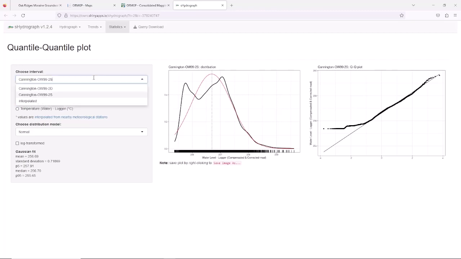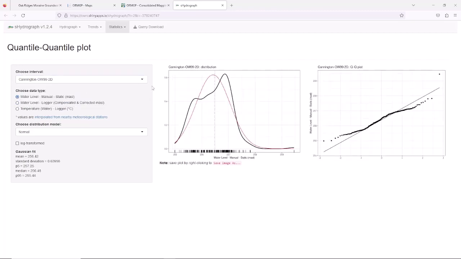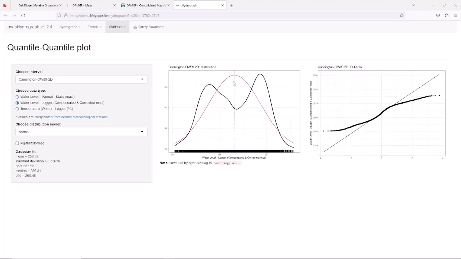We'll just flip on to the deep, and we see the same. Somewhat normal for the manual water levels, but for the logger, again, we see a bimodal distribution, again stressing the importance of looking at transducers for really capturing what's happening at these locations.